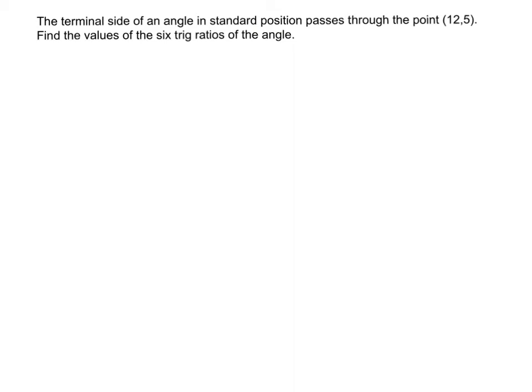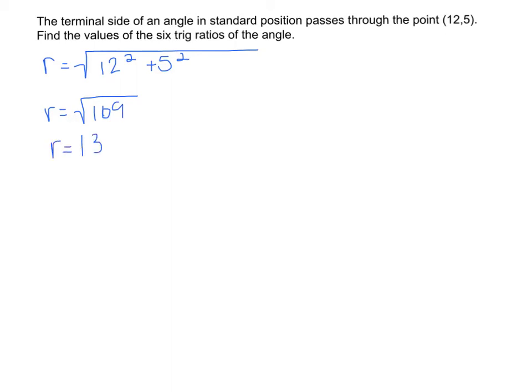Here we know that the angle is in standard position and it passes through the point 12, 5. We need the values of the 6 trig ratios. Some things to pay attention to. 12, 5 is in quadrant 1, 12 is the x value, 5 is the y value. First thing we have to do is calculate the value of r. Okay, so now we've got x, y, and r.